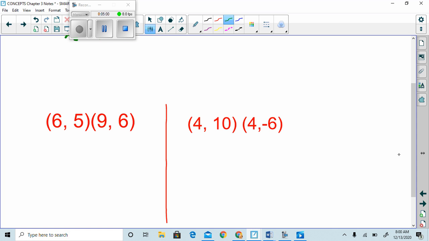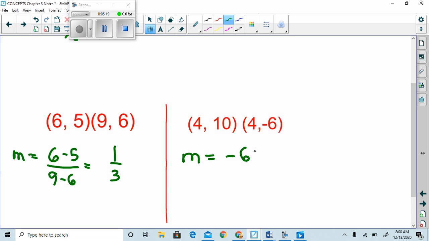And then we'll see a couple of unique ones. In this next one, we have 6 minus 5 over 9 minus 6. Find that change, and there's my slope. I did mention there'll be a couple of others that are slightly different, and here would be one of them. Negative 6 minus 10, and 4 minus 4. Well, remember, subtraction tells us to add the opposite, so I'll get a negative 16 over 0.